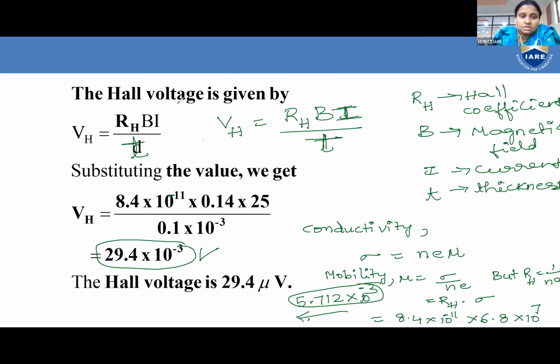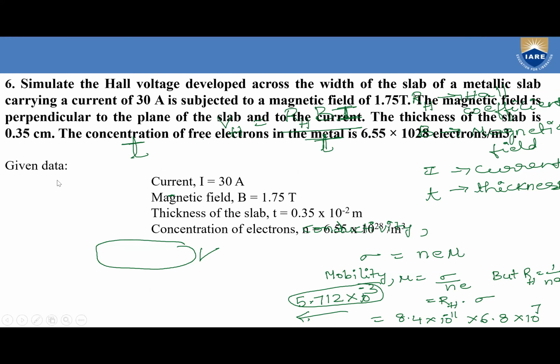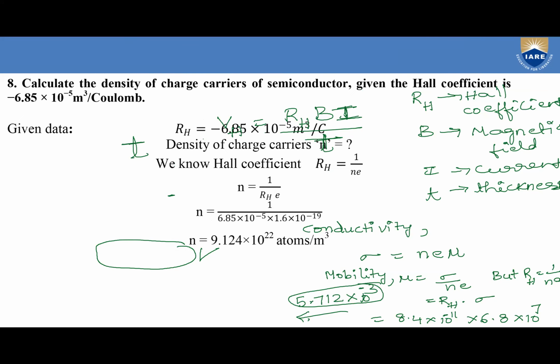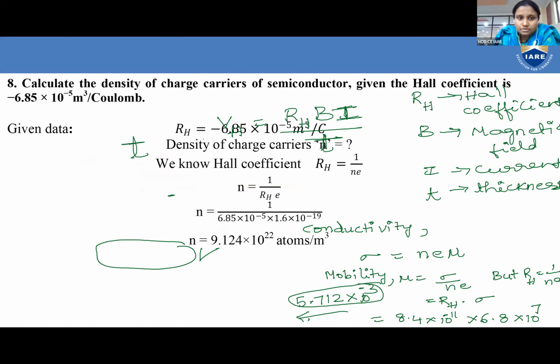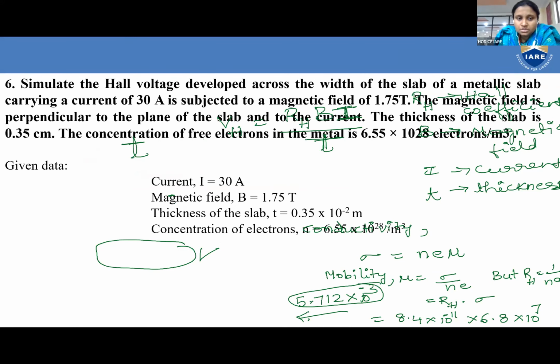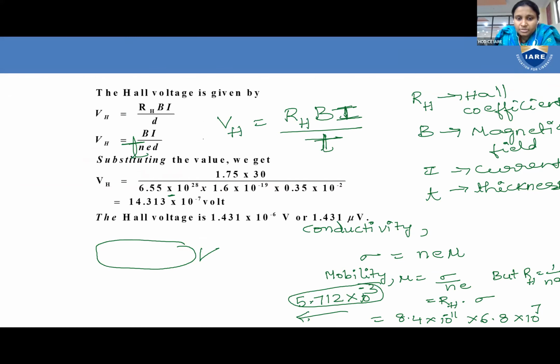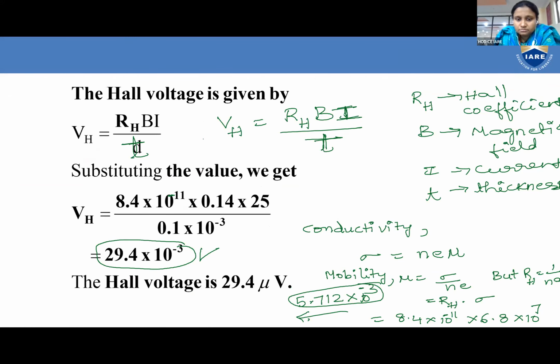Okay, students. And one more thing. We have to take units for mobility, right? So what is the unit for mobility?